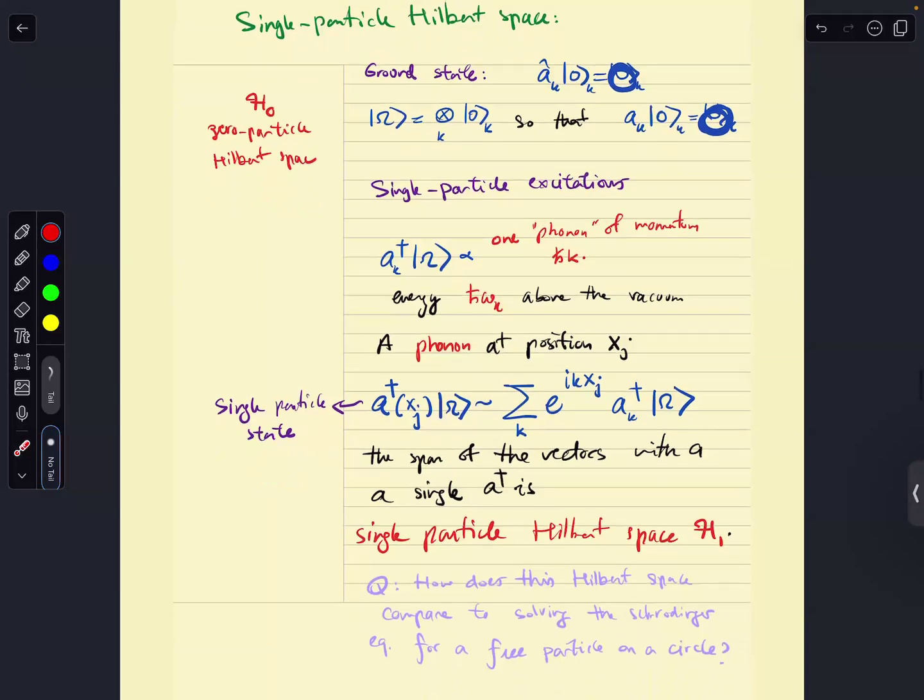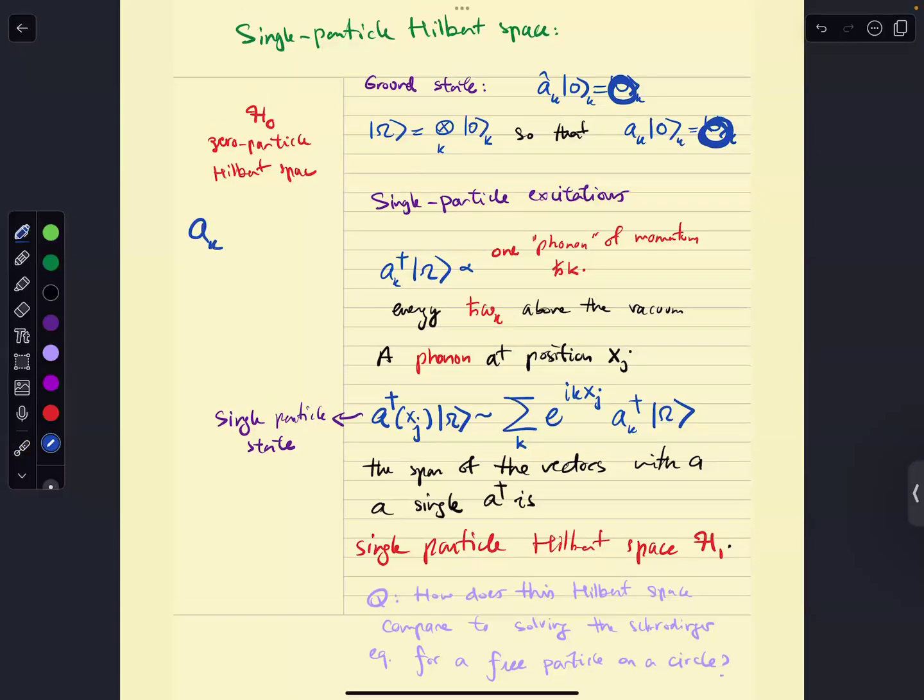One question, Professor, sorry. Call me Nima. When you define the global vacuum as the tensor product of k vacuum states and you apply an annihilation operator on the k vacuum, how do you express it when applying it to the global vacuum? Sorry, you're asking what this is? This is 0.